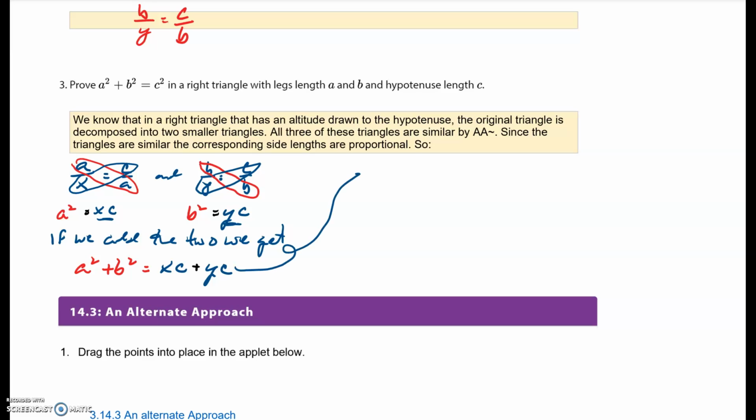Okay, come up here. So now we have this equation. A squared plus b squared is equal to xc plus yc.